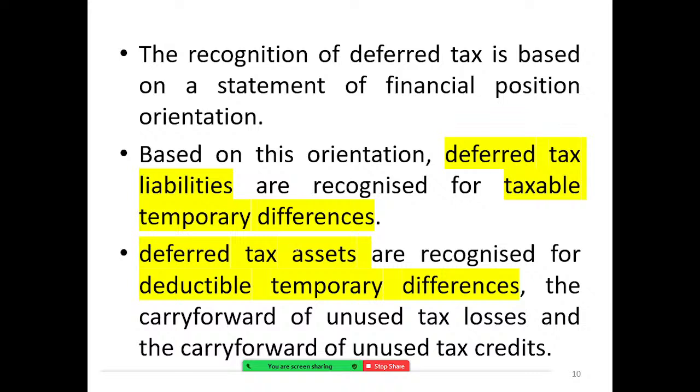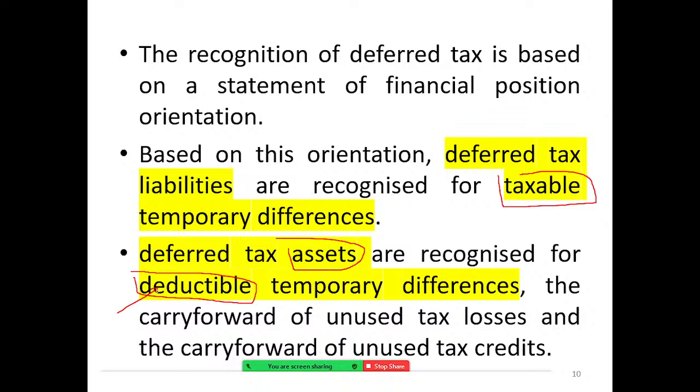Based on the balance sheet orientation, deferred tax liabilities are recognized for taxable temporary differences. Deferred tax assets are recognized for deductible temporary differences. Here there are two types of differences: taxable temporary differences and deductible temporary differences.